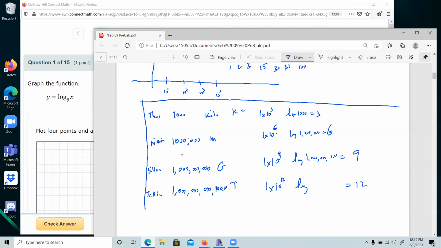But if they say, I want you to graph all this on a linear scale, how are you going to put thousands and then numbers that have 12 zeros after them on the same scale? That chart's going to take up more than the whole room. So you don't want to do that. You want to convert.